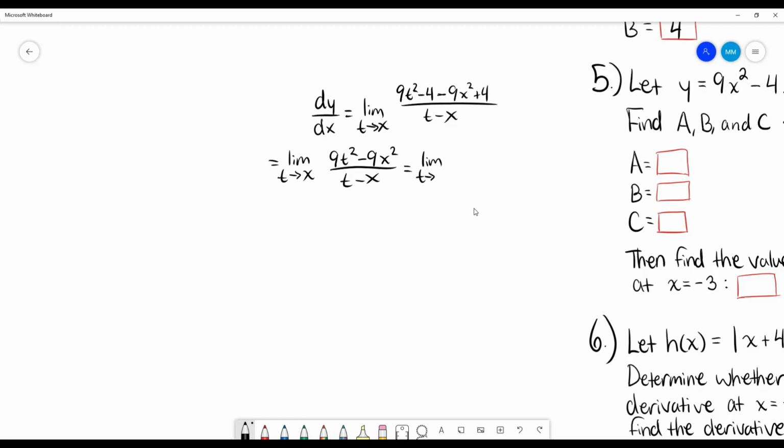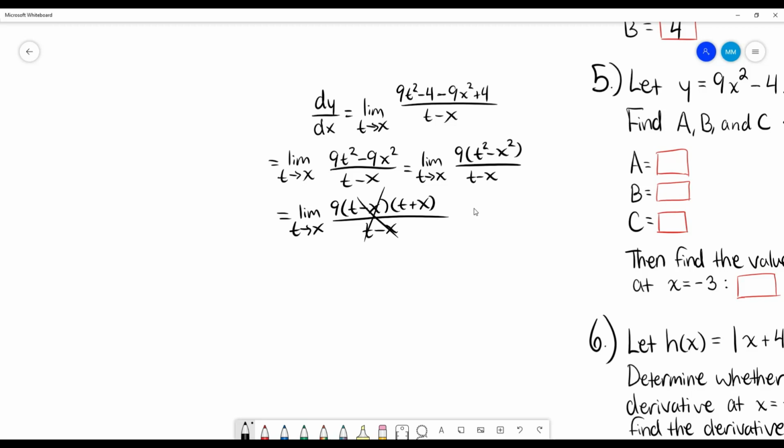So we want to factor out that 9 first. Now I've just got t squared minus x squared. And then we come down here and we keep on going. That's a 9. And since this is a perfect difference of squares, I can factor it like so, feel free to double check that.